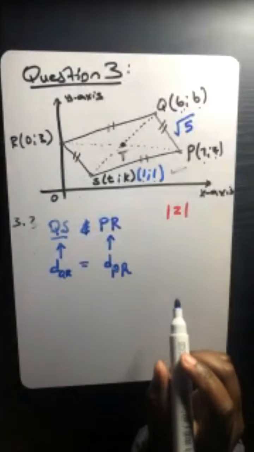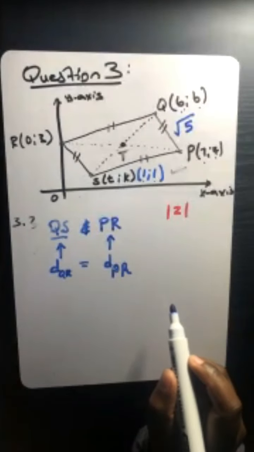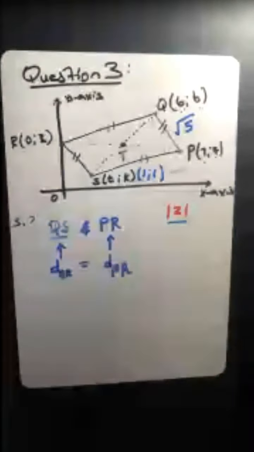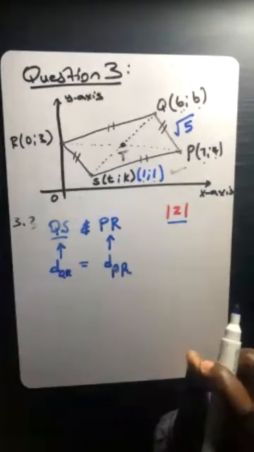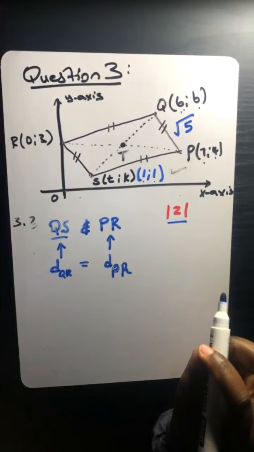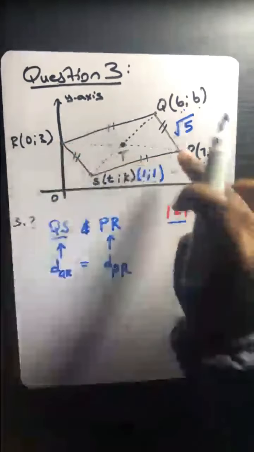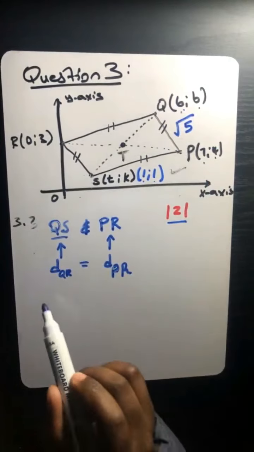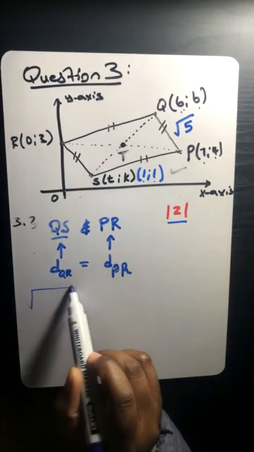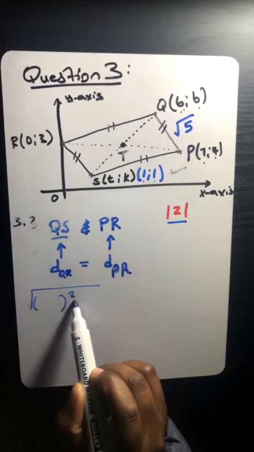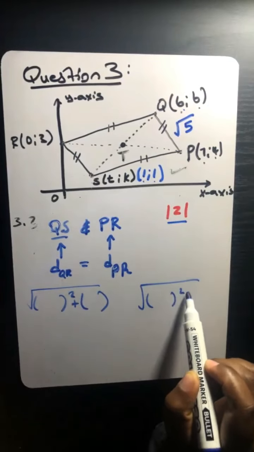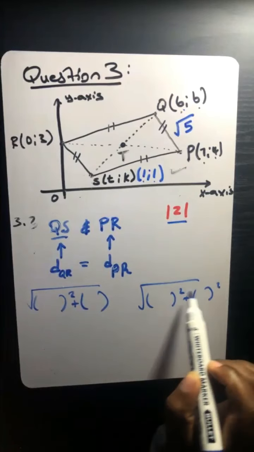But I want to make you guys aware of something. Because of the marks allocated, there might possibly be another easy way of proving that these two lengths are equal. Why am I saying this? It's because if you have to use this formula, it wouldn't be worth 2 marks to perform those two calculations.